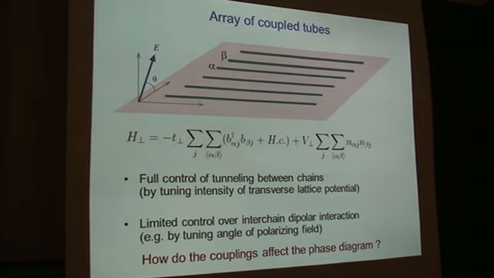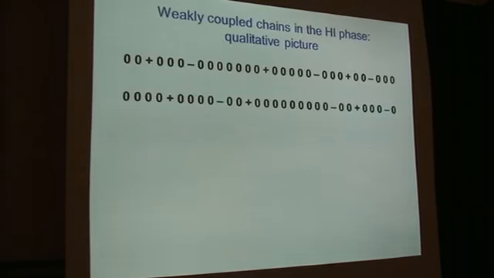Before going to the pumping, let me show you how this will affect the phase diagram. This is just a simple argument to show you that the string order parameter is not protected in the presence of this coupling. The idea is that if you had string order in the two chains, then by coupling it with even weak t-perp, you create kinks in the two chains, because if you had pluses and minuses in an alternating order here, the hopping of a particle now will not be alternating anymore.